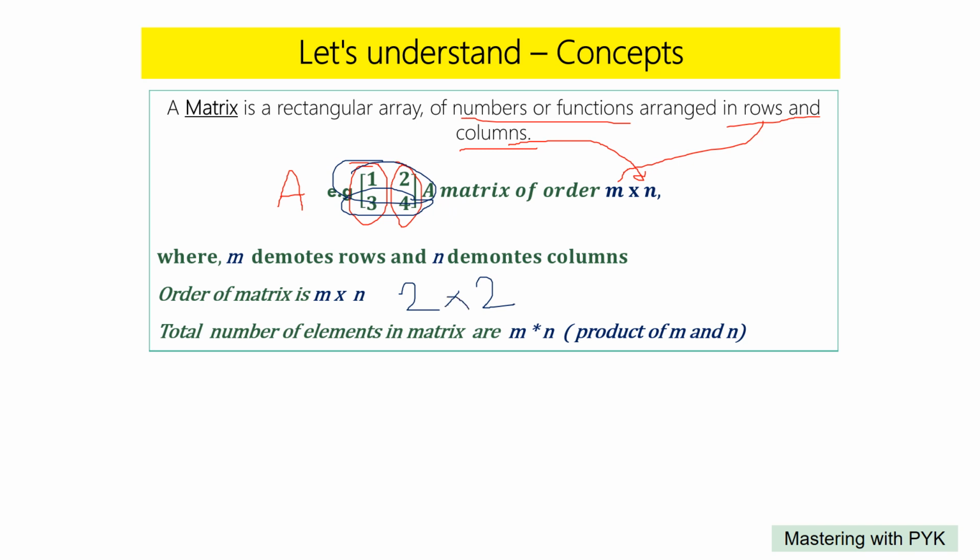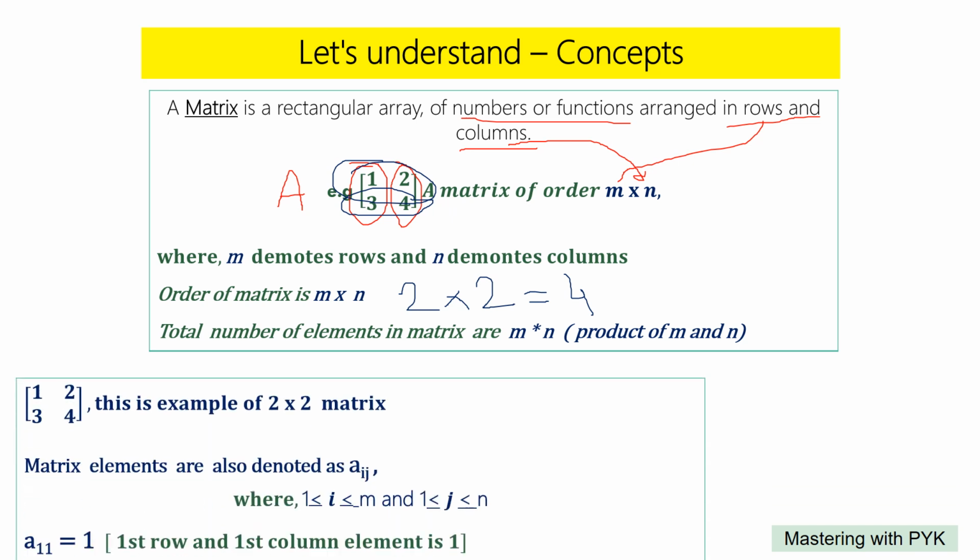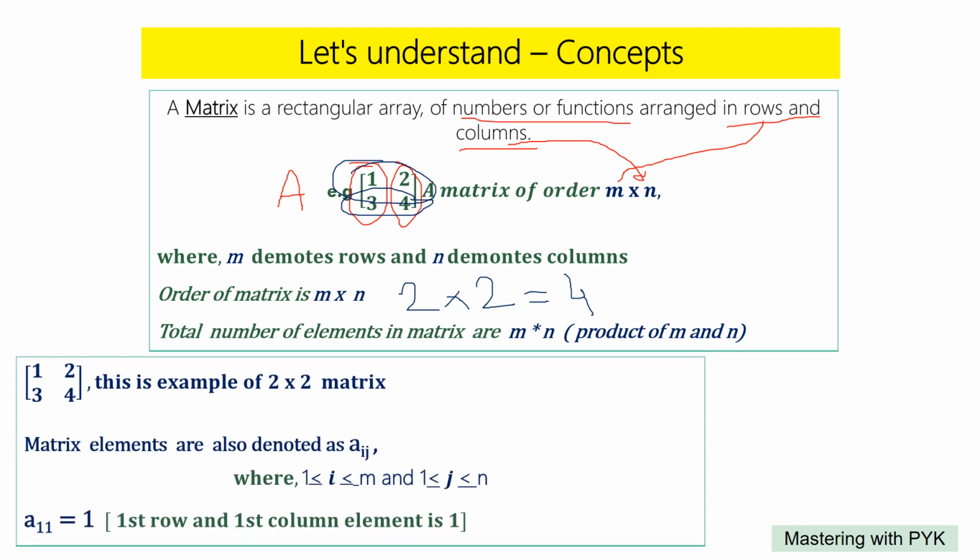And the number of elements would be the product of M by N, that is 2 by 2, that is 4. So here the number of elements is 4: 1, 2, 3, 4. Again, in this example, we understood that this is a 2 by 2 matrix or 2 cross 2 matrix. Each element is denoted as Aij.